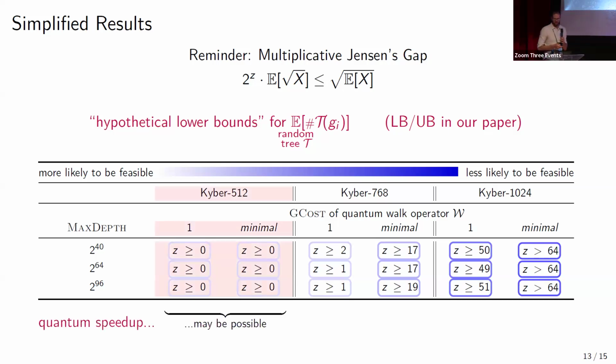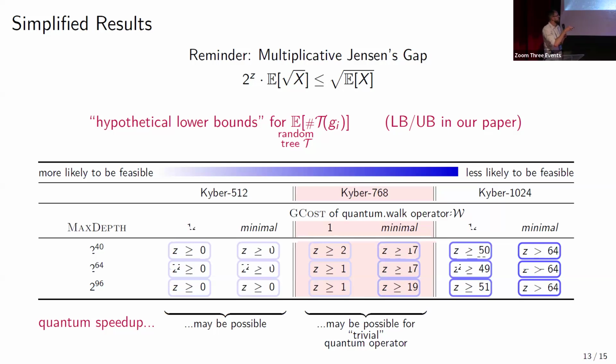What we see here is, for example, that for Kyber 512, the Jensen gap that is required is relatively low. As soon as you switch up to Kyber 768, this is still quite low for this trivial quantum operator. But as soon as we put any kind of cost for this quantum operator, it already increases significantly.